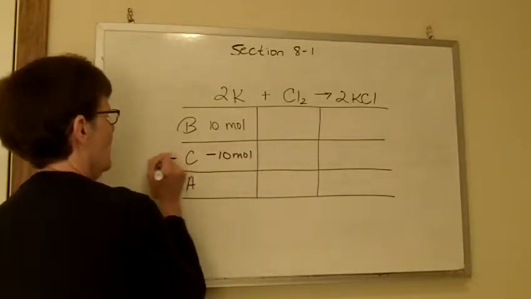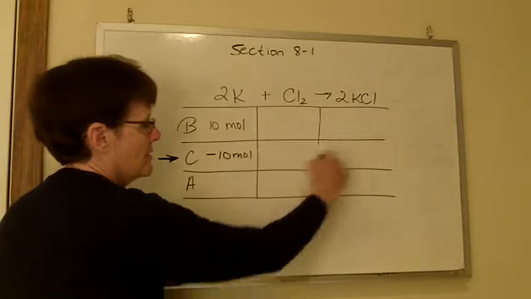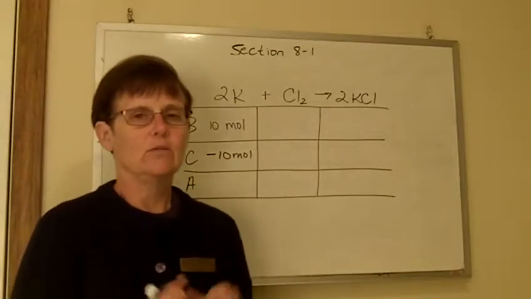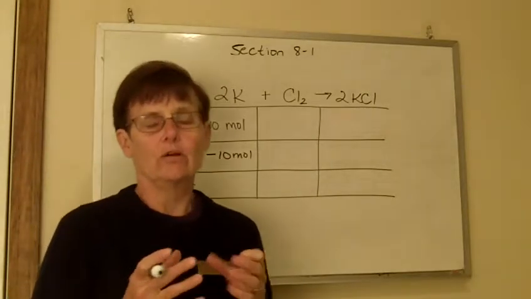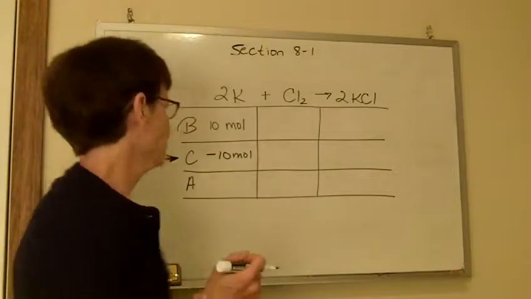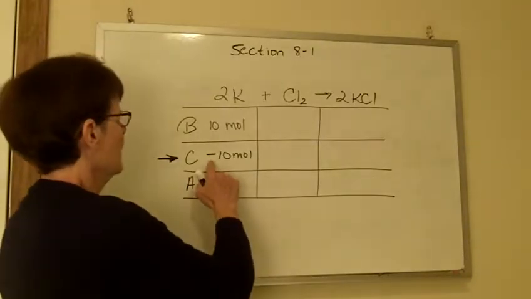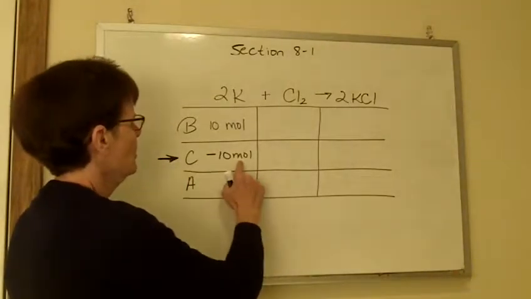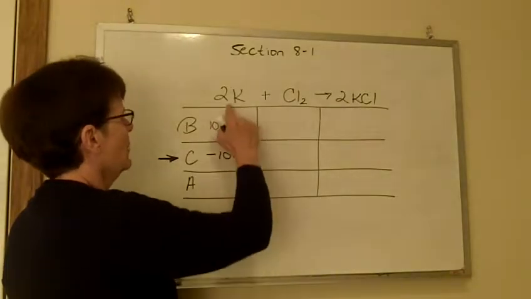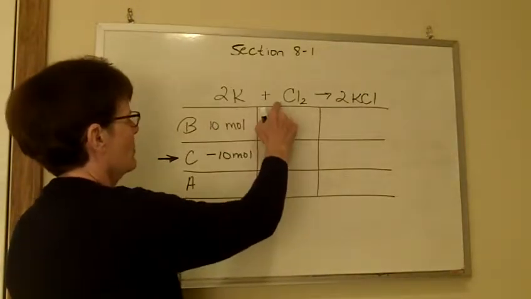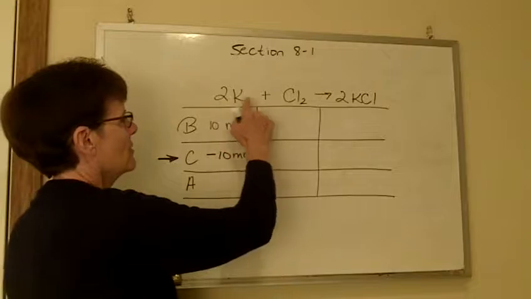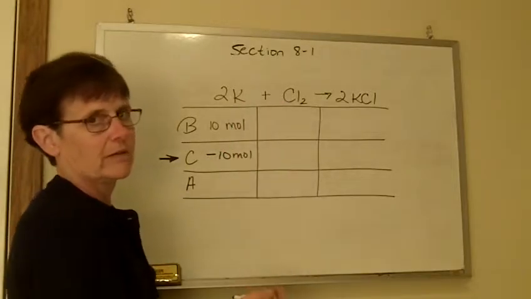Okay, so this right here, this row going across is really kind of what we need to focus on for these kinds of problems. So let's look, we're going to use up 10 moles of this, and we've got a 2-to-1 ratio. So every time 2 of these reacts, 1 of these needs to react.